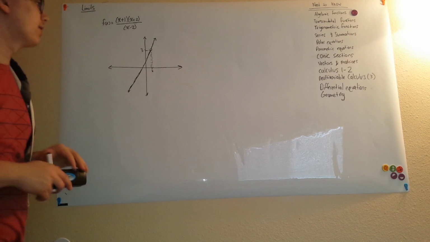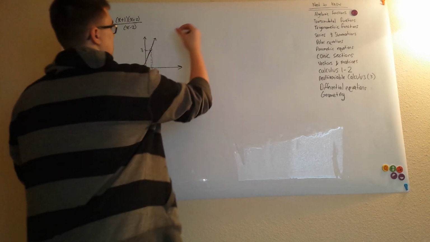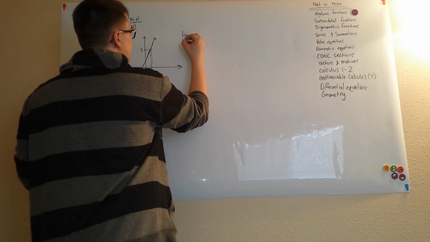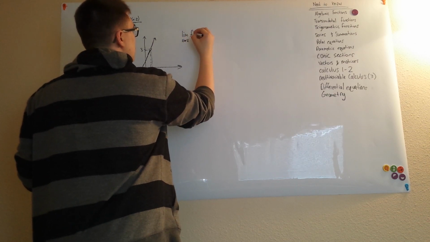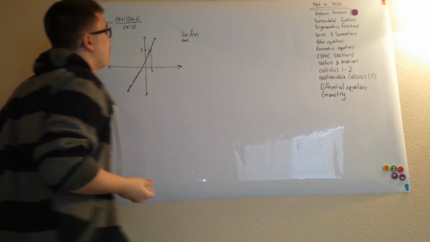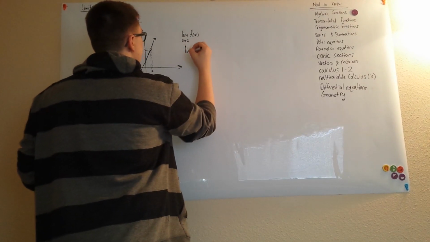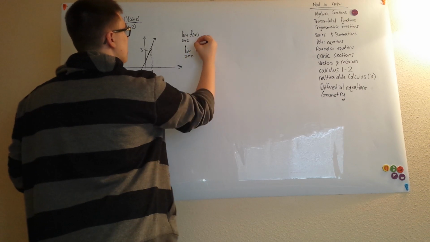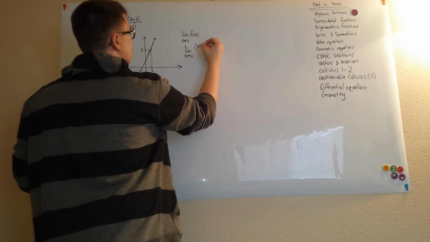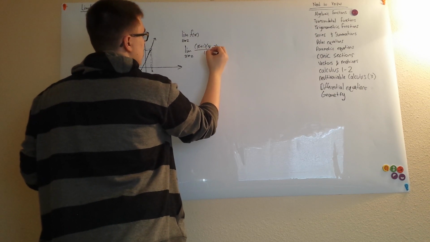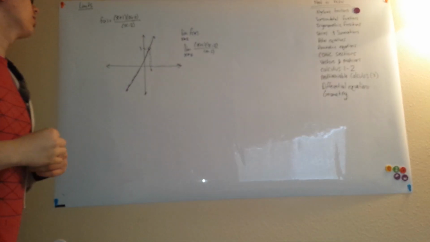And the way you write this is the limit as x approaches 2 of your function. Now, we can specifically write this as that function right there.